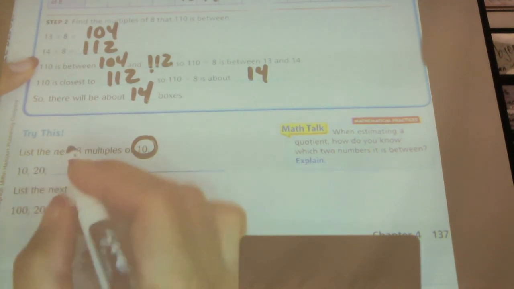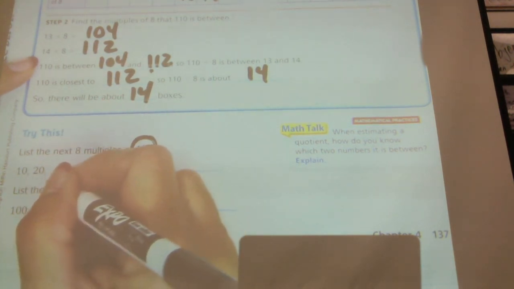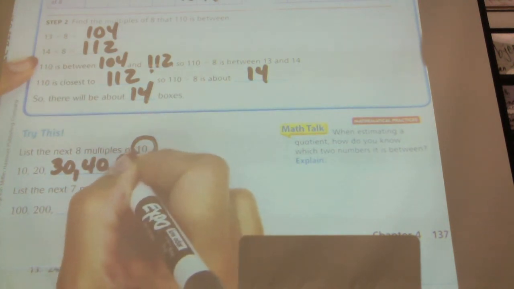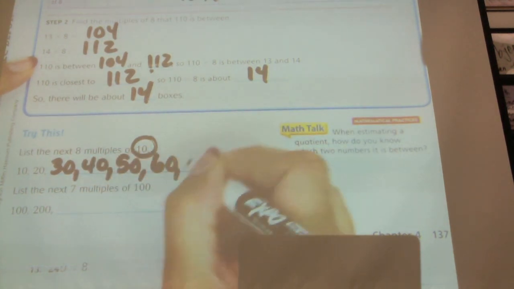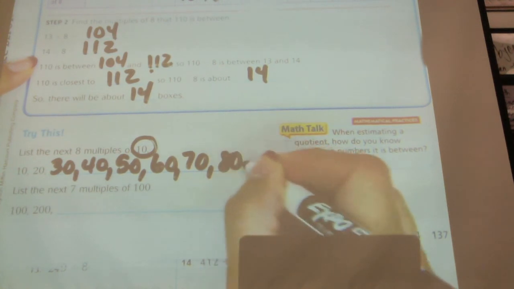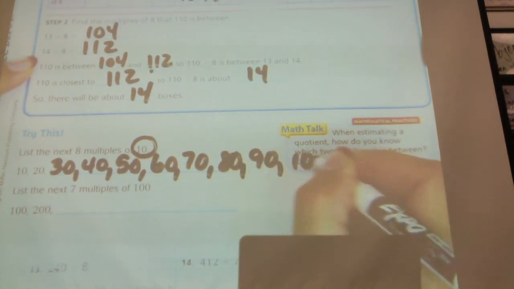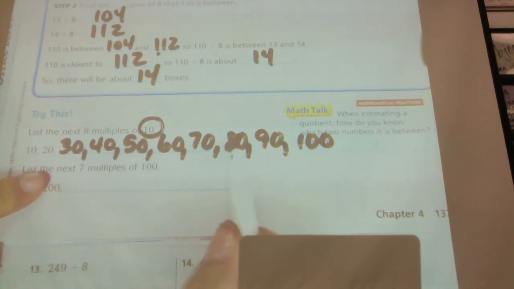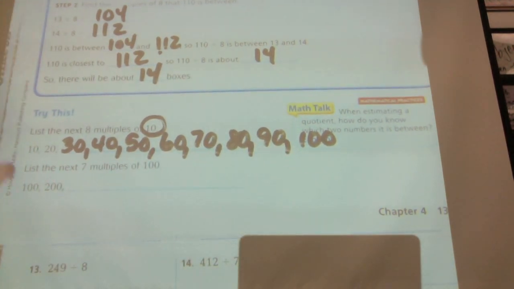So 10, 20, what's the next 8? 30, 40, 50, 60, 70, 80, 90, 100. Do we have 8? 1, 2, 3, 4, 5, 6, 7, 8. 8 is right. Someone said 200, but that would not be the next one. The next one would be 110. All right, so those are the next multiples of 10.